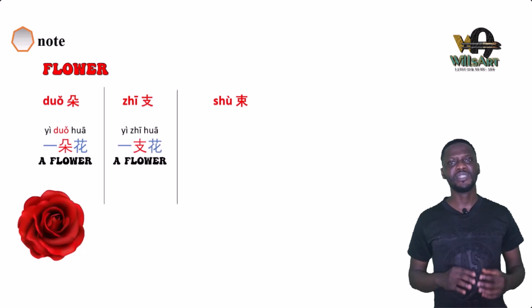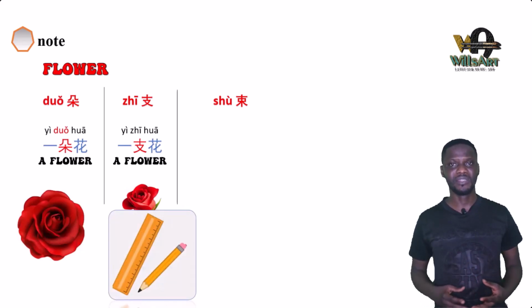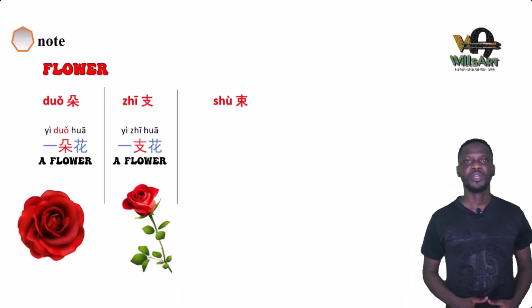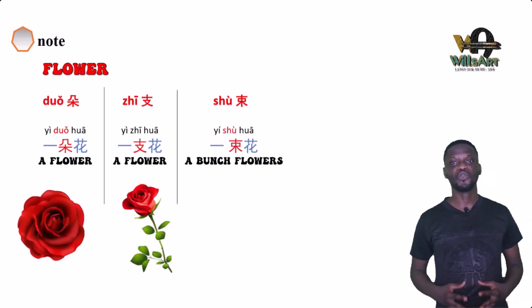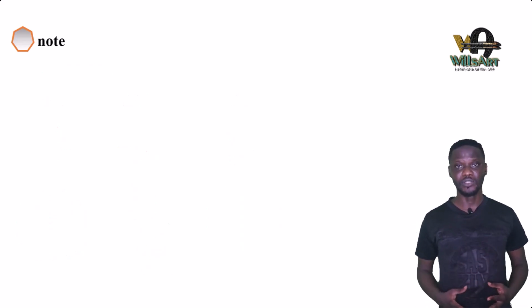Then you can have 一枝花, which means a flower and the stem. And this 枝 is also used for something that is straight, like a ruler or a pencil. And we also have 一束花. 一束花 means a bunch of flowers.